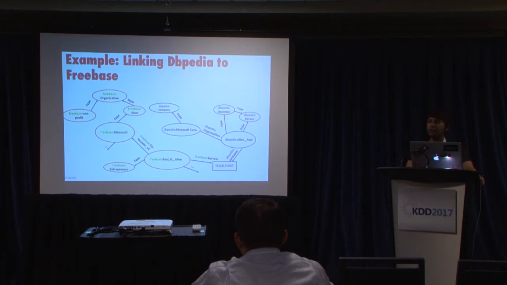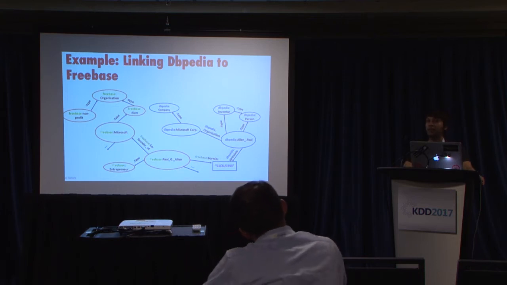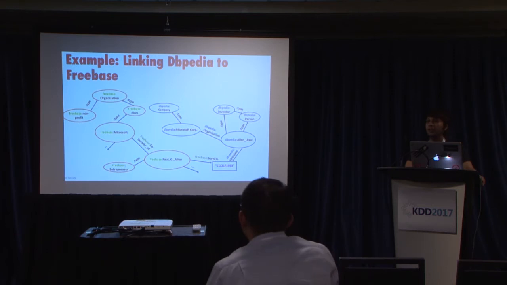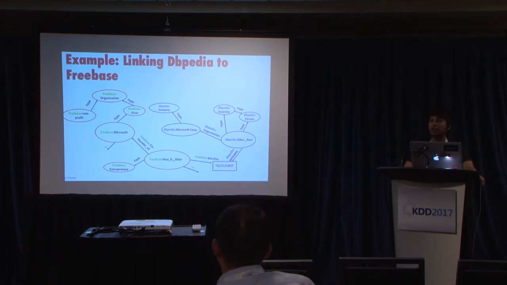Freebase is actually a very big part of the Google Knowledge Graph, but it's not updated anymore. It's in a frozen state, and has been for more than a year now. And Dbpedia, of course, is derived from Wikipedia, so it keeps getting updated every year, and I think even more often than that. It's derived from the info boxes in Wikipedia.